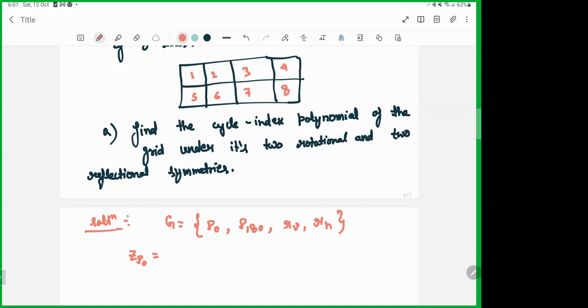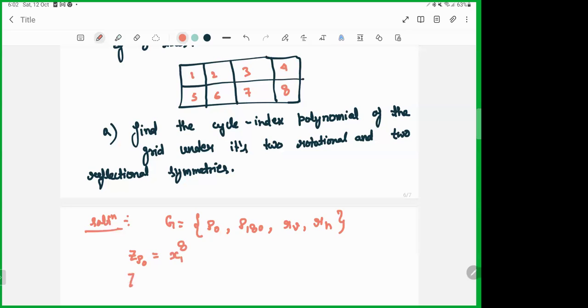So what is Z of rho 0? It will have x1 to the power 1, 2, 3, 4, 5, 6, 7, 8. Yes, x1 to the power 8.